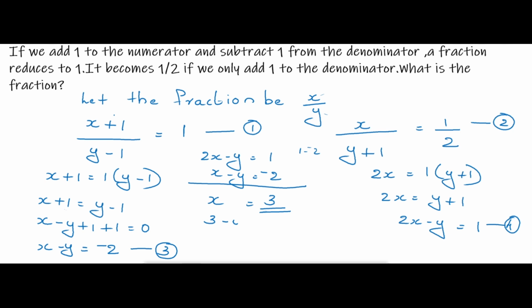That is 3 minus y equal to minus 2. Minus y is equal to minus 2 minus 3. So minus y is equal to minus 5. Therefore y is equal to 5. So you got the fraction x by y as 3 divided by 5.